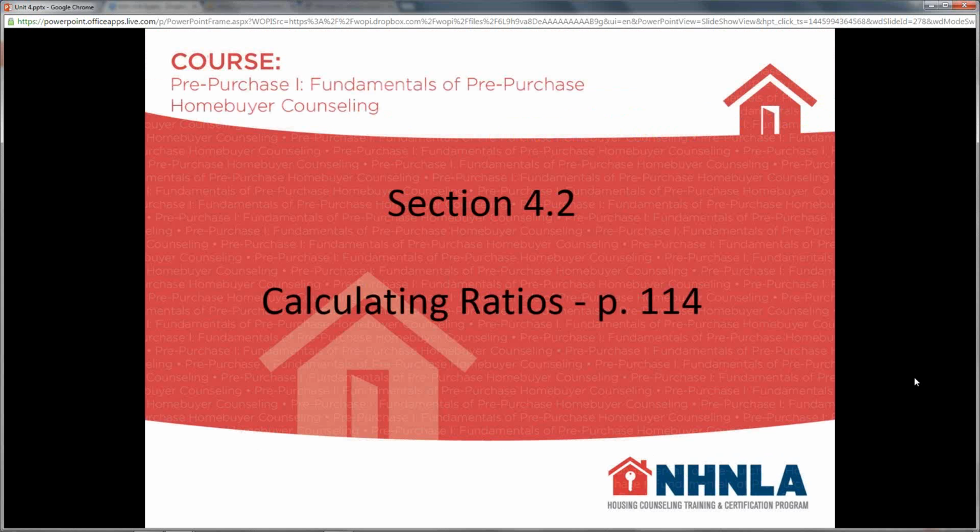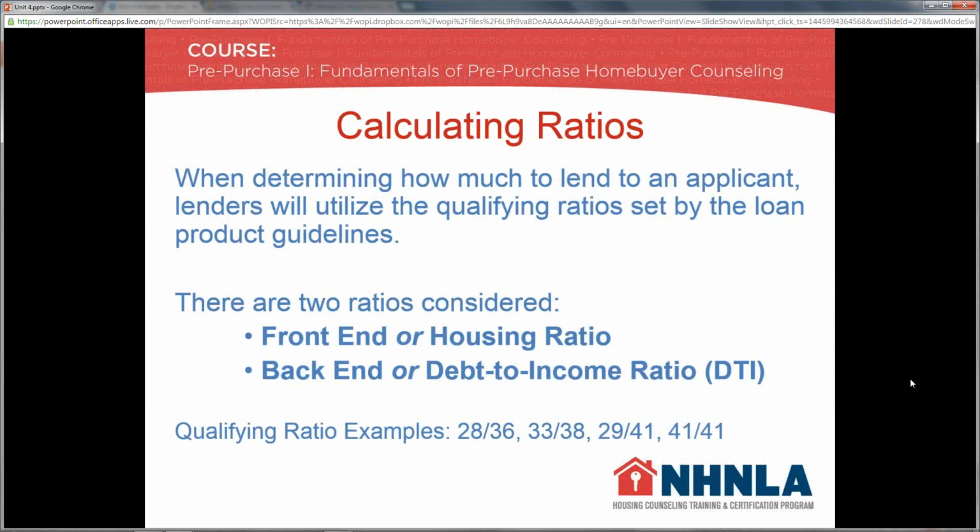So let's get into calculating ratios. You can, of course, use a mortgage calculator to do this, but we'd like you to have the background information of how to do this manually so that you have an understanding of what we're talking about regarding ratios. So when you determine how much to lend an applicant, lenders will use qualifying ratios set by the loan product guidelines.